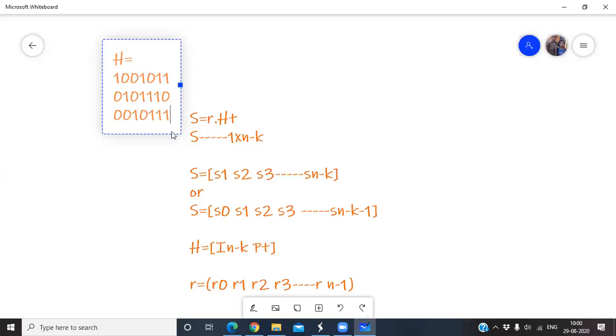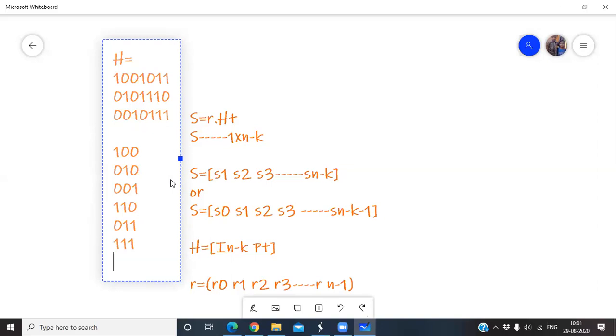Now I want to go for the transpose of this matrix. When you go for the transpose, the rows are 1 0 0, 0 1 0, 0 0 1, then 1 1 0, 0 1 1, 1 1 1, 1 0 1. Now I want to multiply the received code vector with this parity check matrix. R0, R1, R2, R3, R4, R5, R6, because it is a 7,4 block code.